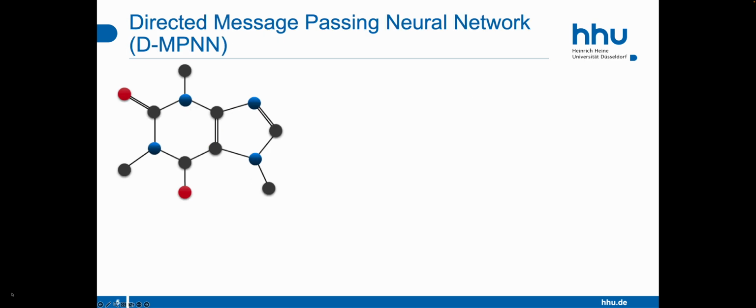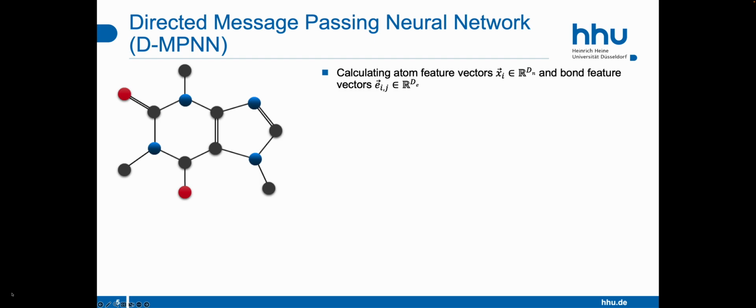So far, we haven't really looked at what the update functions of a graph neural network can look like. We're now going to look at a particular graph neural network that is typically used for small molecules, the Directed Message Passing Neural Network, or short DMPNN. As before, we calculate atom and bond feature vectors for all atoms and bonds in our molecule.